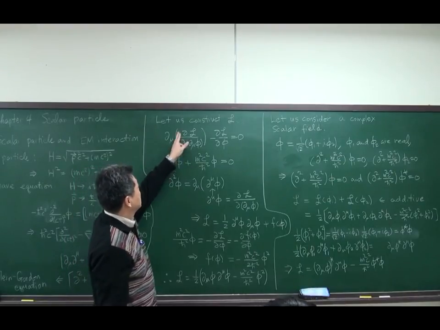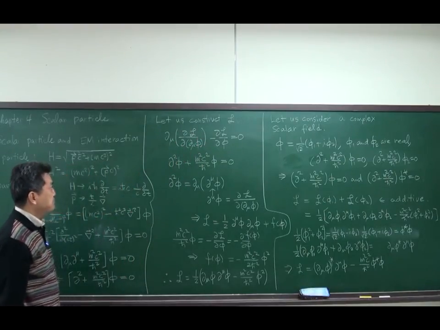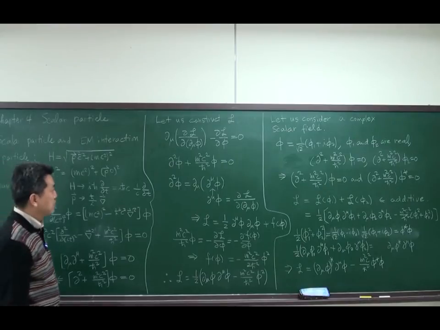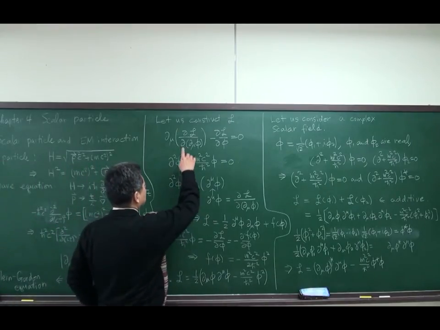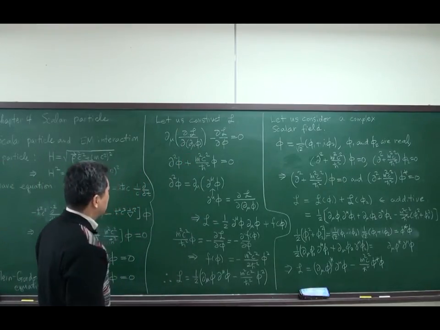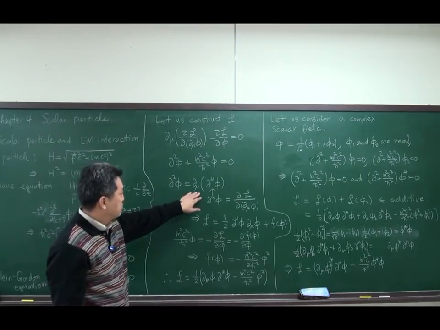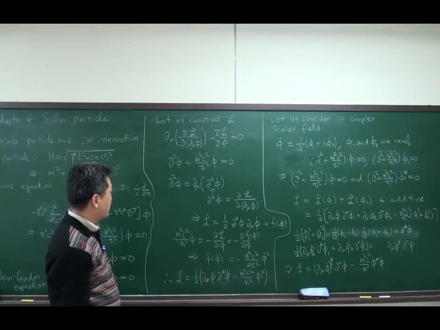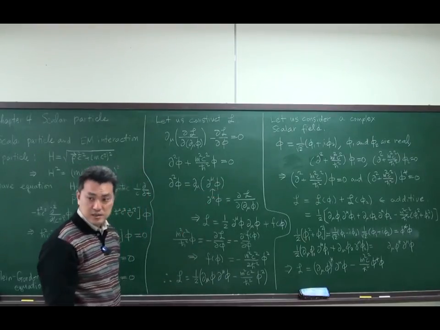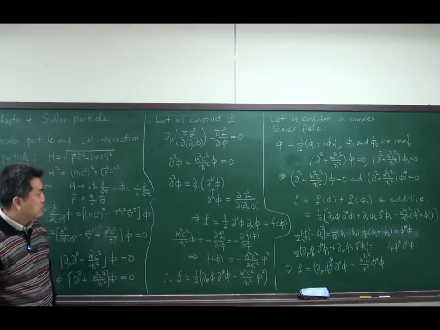So inside that is the conjugate momentum. Conjugate momentum seems to be round mu phi. Round squared phi can be round mu phi, and this seems to be the conjugate momentum.